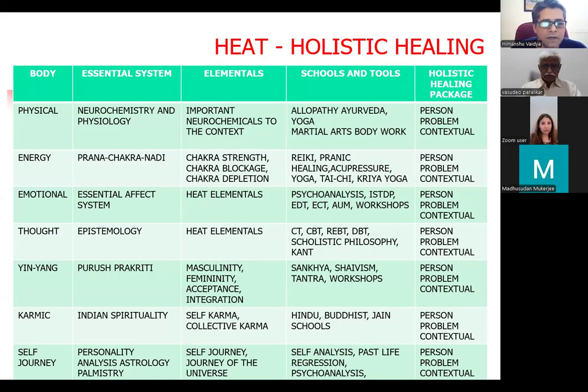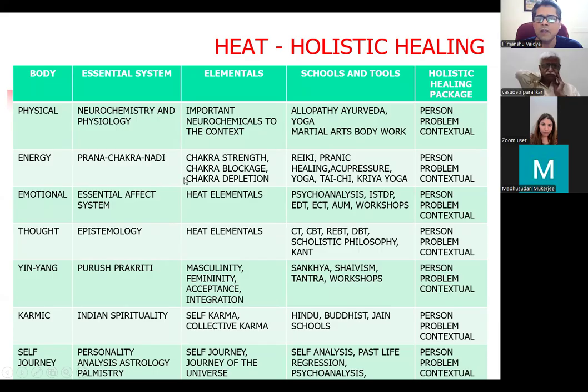And this is for those interested in holistic healing, that we can look at the human integer who is constituted of different parts, and we have different kind of healing approaches to address each of the different parts of the human integer, and this can be one way of integrating different modes of healing. For example, for the physical body, we have allopathy, Ayurveda, yoga, martial arts, body work.